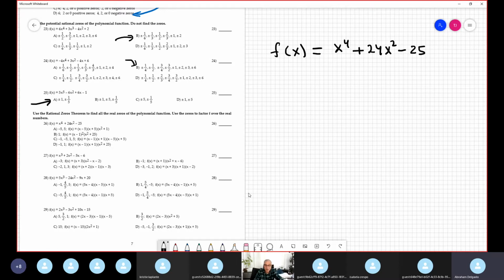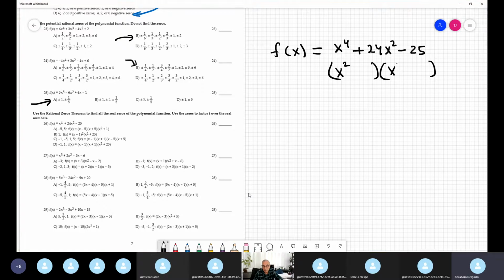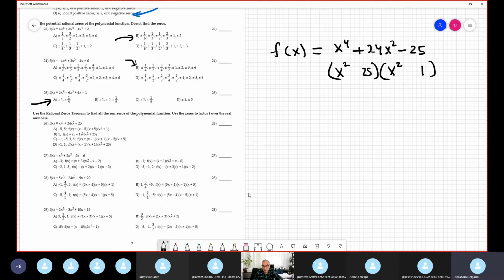So in 26, it's easy because it's a trinomial. The factorization is two parentheses, x to the second power, and the combination is 25 and 1, because 25 times 1 is 25, and 25 minus 1 is 24, of course positive 25 and negative 1.